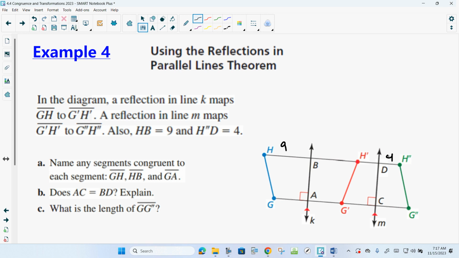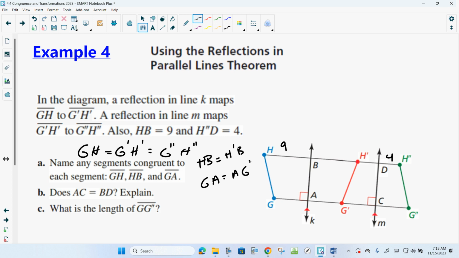So GH would be congruent to G prime H prime, and would also be congruent to G double prime H double prime. HB, looking at the picture, H to B would be the same as H prime to B. GA would equal A to G prime.